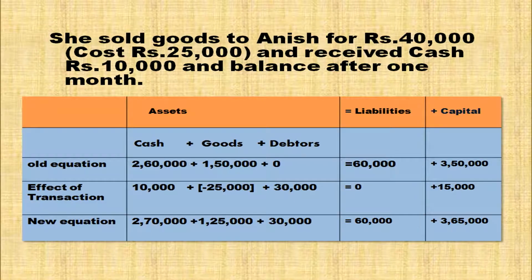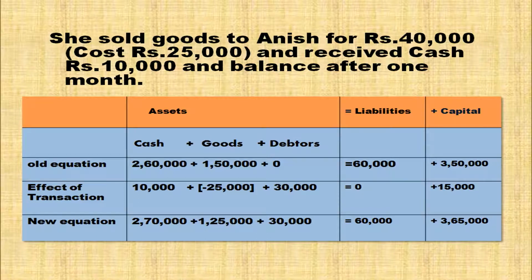In this question we have a profit, so it is added to the capital, plus 15,000 with capital. In the cash column, 2,60,000 plus 10,000 will give you 2,70,000. In the goods column, 1,50,000 minus 25,000, 1,25,000 will be the balance. Debtors column 30,000.